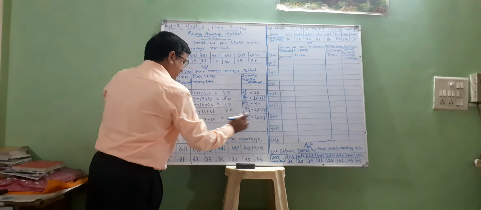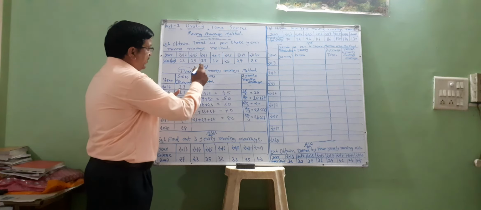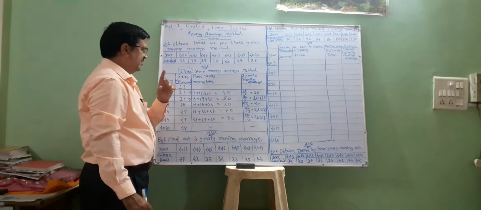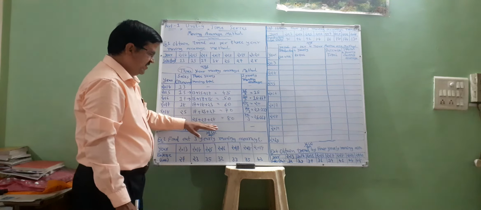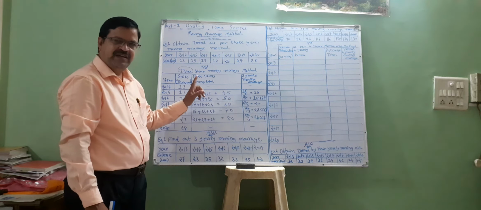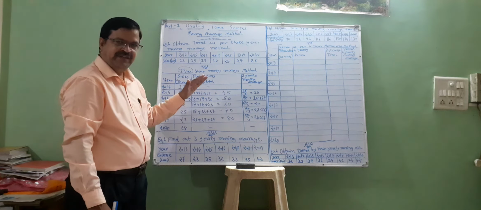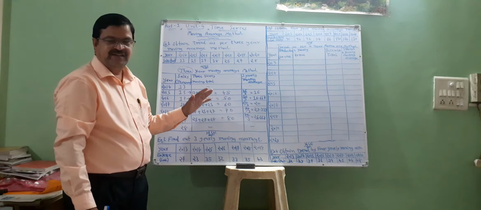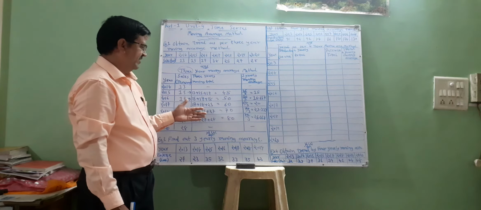Now we don't have 3 items, only 2 items, so we have to find out 3 years. So in moving average method, first and last digit we cannot receive. This is the main limitation of moving average method, friends. In moving average method, opening and closing year data cannot be received. So this is 3-year moving average method.